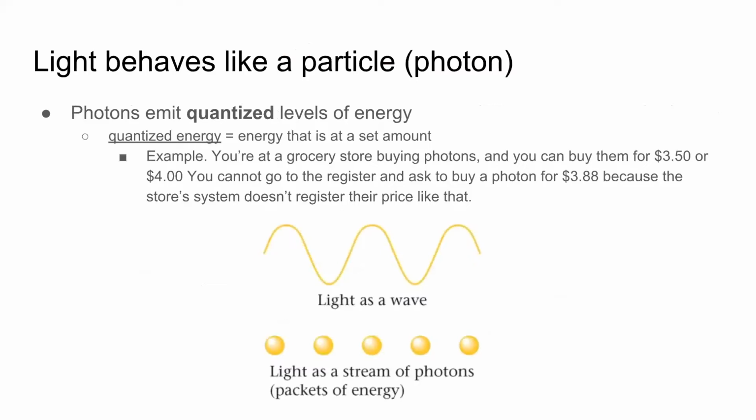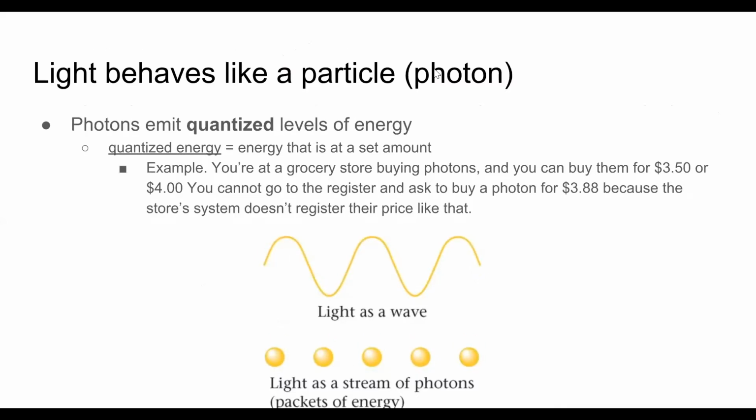All right. So light behaves like a particle, which is another name for a photon. What photons do is quantize energy levels of energy. So remember in class when Dr. Esfandiari was talking about stairs, like the staggered stairs, when you go up the stairs in your house or your dorm or your apartment.